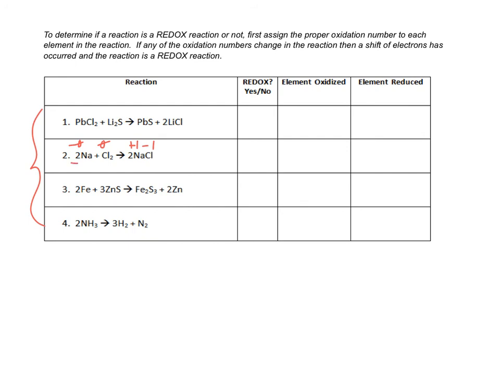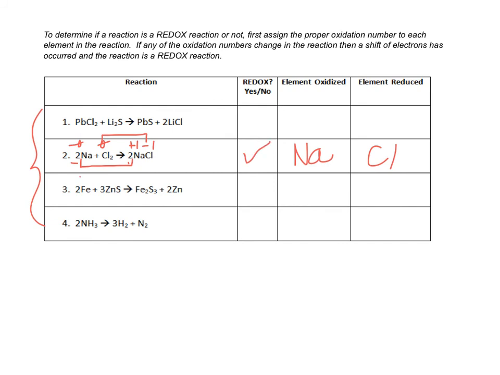When you see a balanced equation, we are going to ignore the coefficients. Sodium on the left was 0, and on the right it went up to +1. So sodium was oxidized. Chlorine was at 0, and it went down to -1, so chlorine was reduced. Therefore, yes, this is a redox reaction.